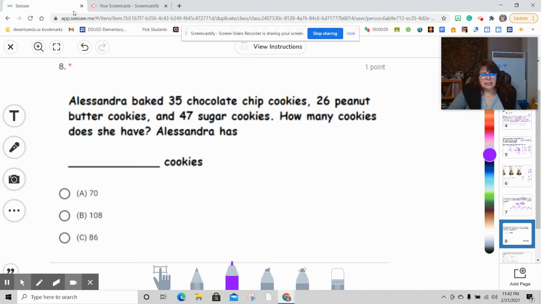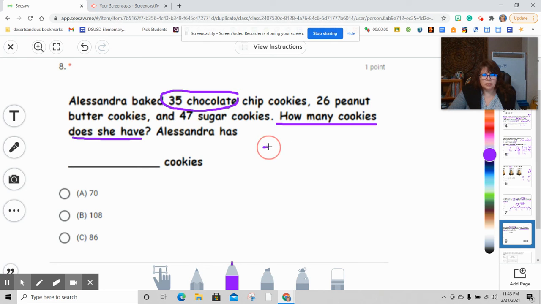Okay, Alexandra baked 35 chocolate chip cookies, 26 peanut butter cookies, and 47 sugar cookies. How many cookies does she have? I want to know how many cookies does she have. So what information do I know? I know that she baked 35 chocolate chip cookies.